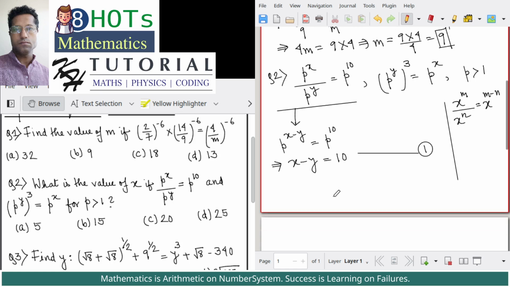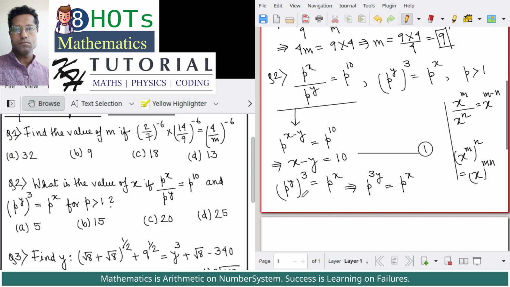Let's see what we get from the second equation. We have (p to the power y) whole raised to the power 3 is equal to p to the power x. If I simplify the LHS, I will have p to the power 3y is equal to p to the power x, applying the concept that (x to the power m) raised to the power n is equal to x to the power m into n.